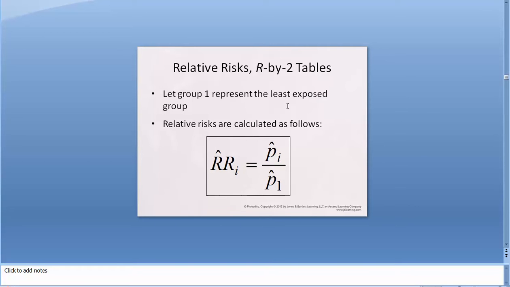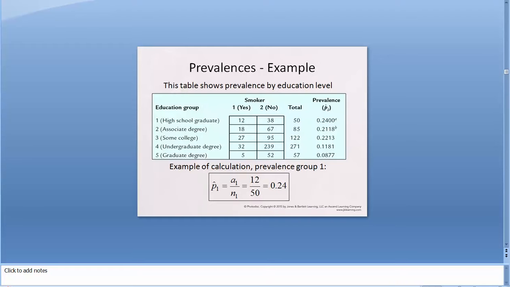Least exposed means the one which has the lowest frequency. So if you go back in here, you need to look at the totals. In these categories, which has the lowest frequency? Actually, the high school graduates. So this is the one which is least exposed. These are the exposure levels, so that group is least exposed, because that's the lowest number.